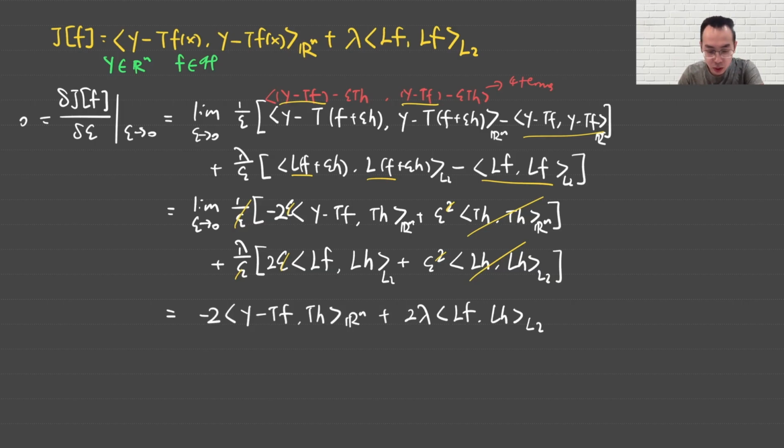Okay, so now we can use the adjoint operator to bring the T and L operators to the other side. Recall that our adjoint operator T star maps from Rn to H, and L star maps from L2 to H.